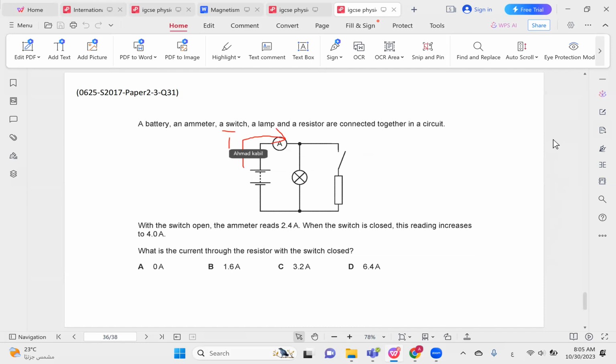Again, this is our main current I to and from the battery. And it is split into two currents, blue and black. So let's call the blue current I2, and let's call the black current I1.